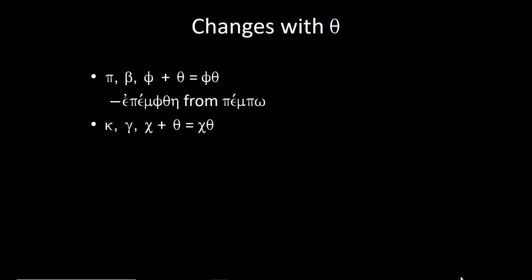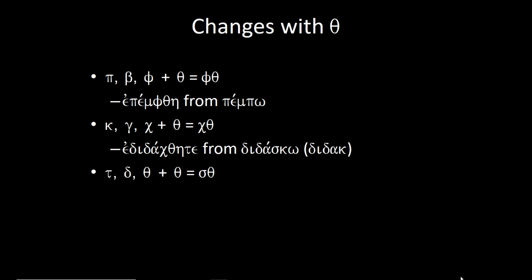Kappa gamma chi plus theta, that would be a chi theta. Here's one from didasko, I teach. Now remember the root of didasko is didak. So this is what happens on an aorist passive form when you add that theta. Edidachthete. So it changes to a chi theta.